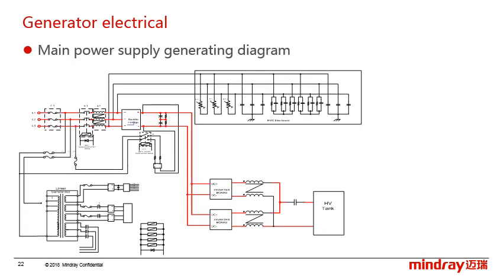Let's see the main power supply generating diagram. As you can see, the red line indicates the main power in the generator.